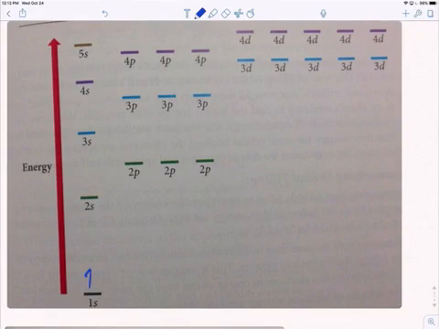So here's hydrogen, here's helium. Then I'm going to go lithium is number 3, beryllium is number 4. Now I'm going to go on to boron, and then now we get to carbon. So carbon, I can either put the electron here like this, or I can put it here like that.